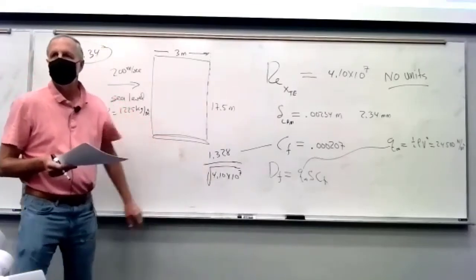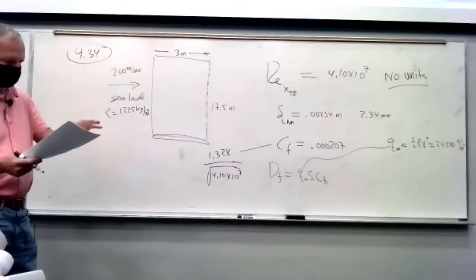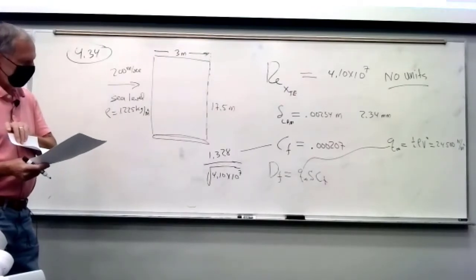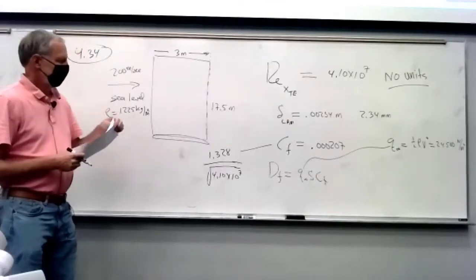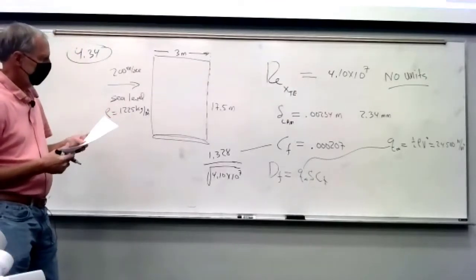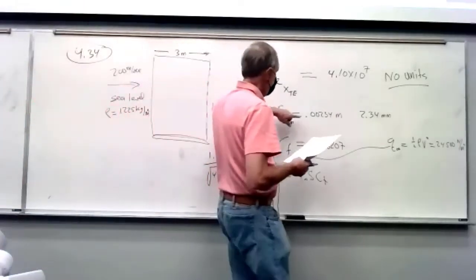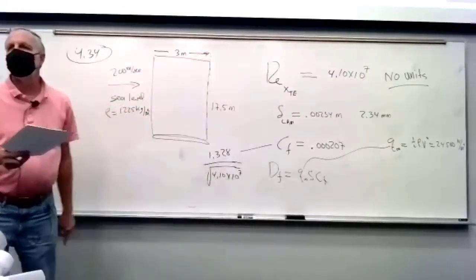I had 0.664 divided by the square root of the Reynolds number. I see. I was doing the local skin friction coefficient instead of total skin friction. Oh, yeah, okay. That makes sense. It's because it's based on the Reynolds number at the trailing edge, so it's the whole thing.